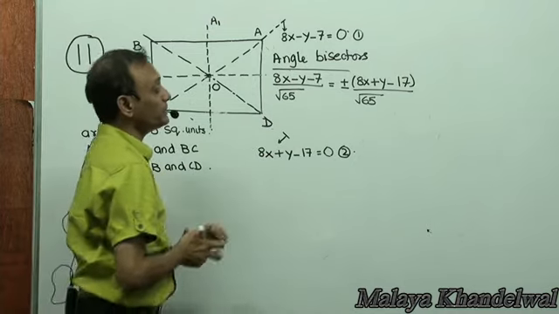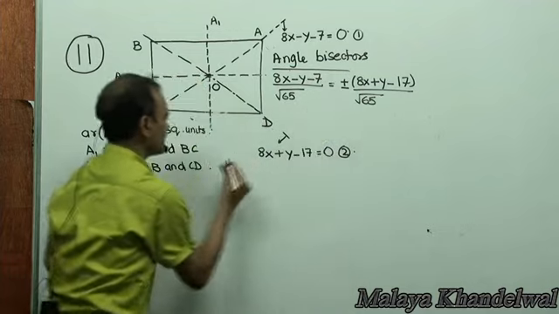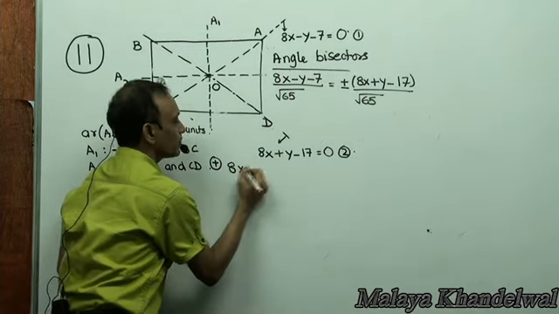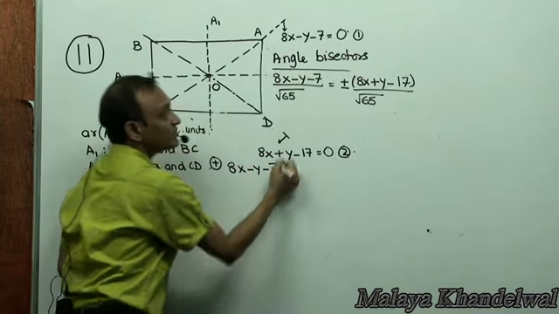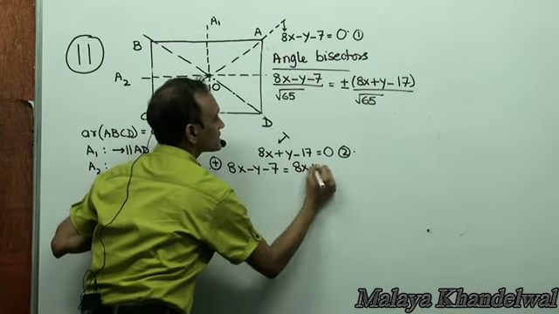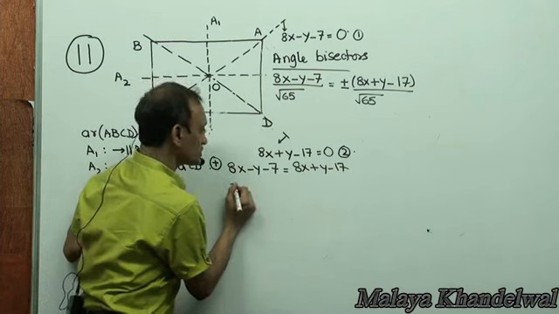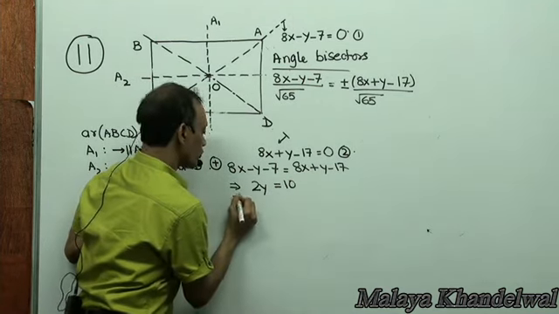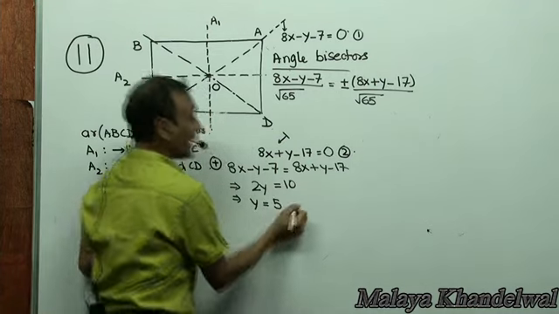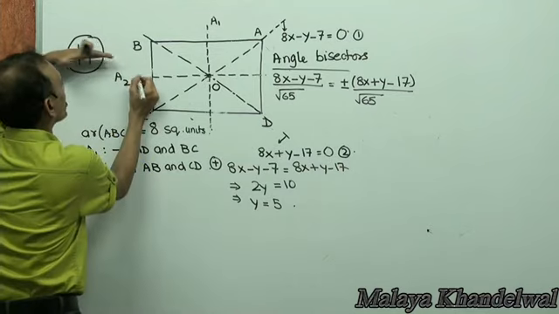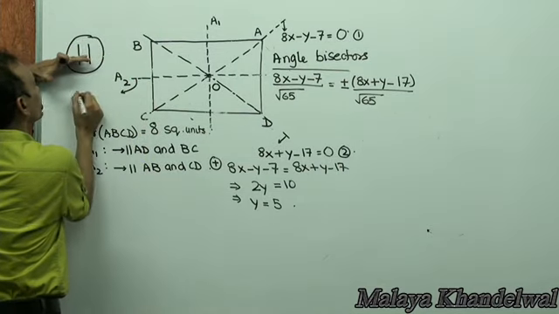Now if I took the plus sign, what do I get? 8x - y - 7 equals 8x + y - 17. This will give me the equation of one of the angle bisectors, which is 2y equal to 10, or y equal to 5.